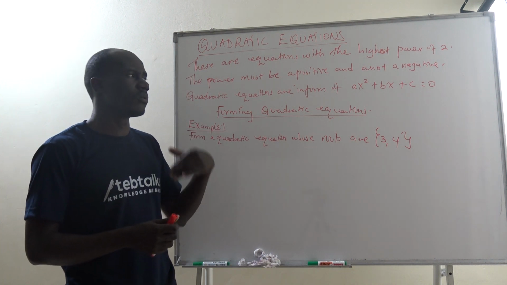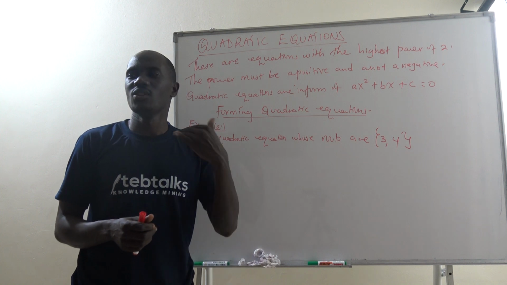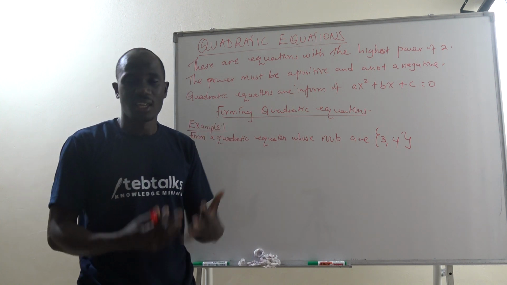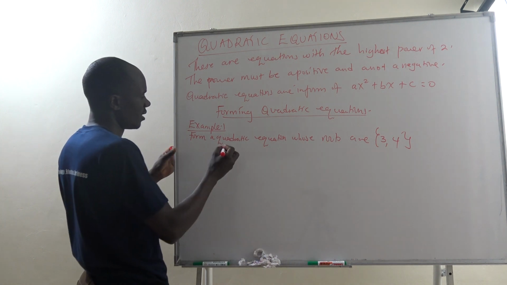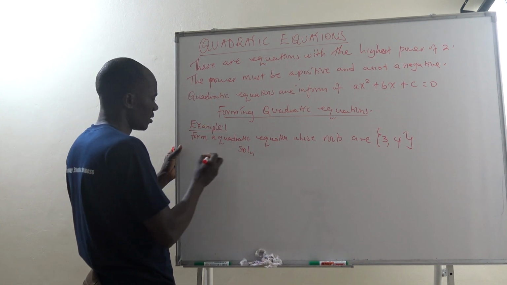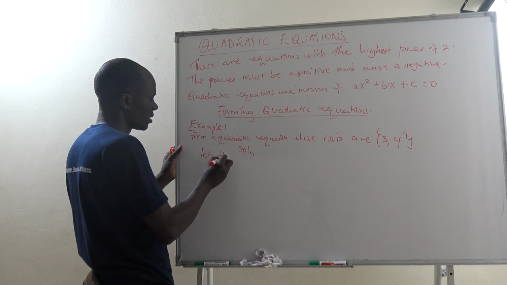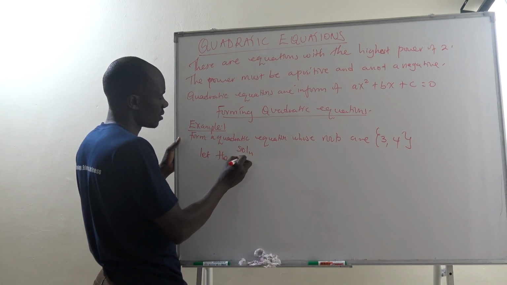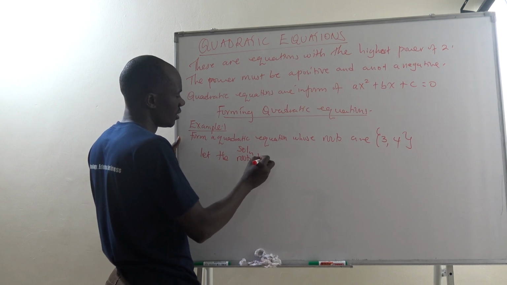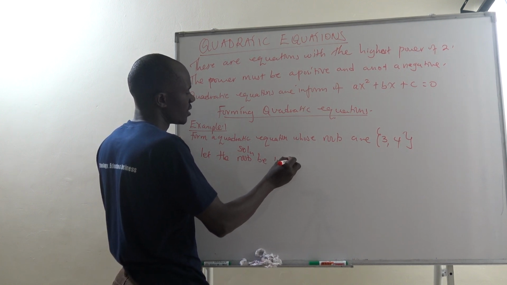It will depend on you. In which variable do you want the quadratic equation to be? In y, x, z, p, or what? So for me, I will say let x be the roots, or let the roots be in terms of x.